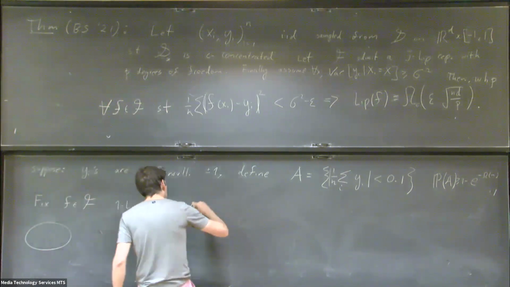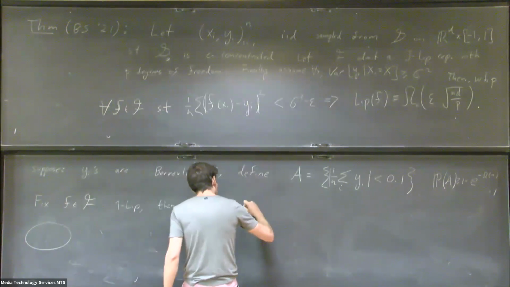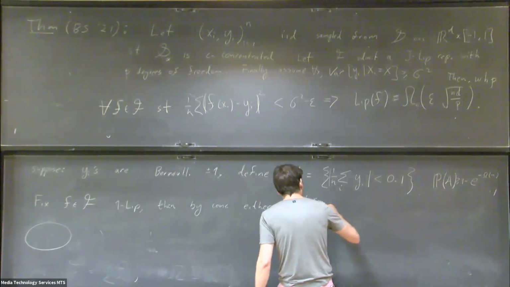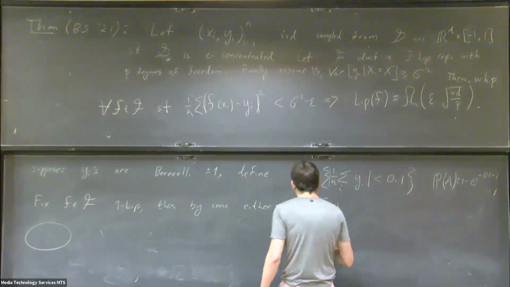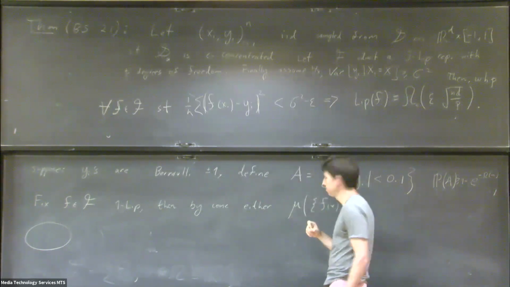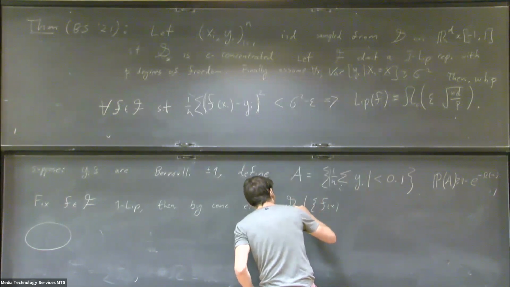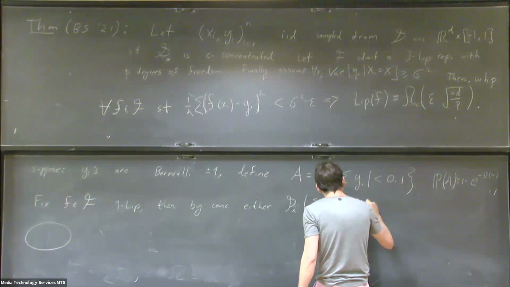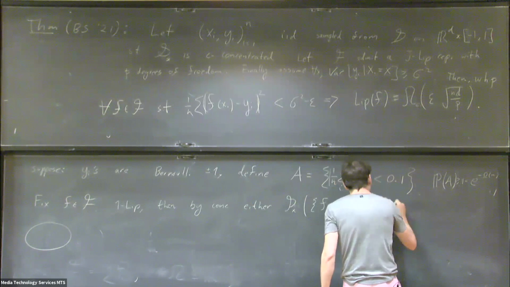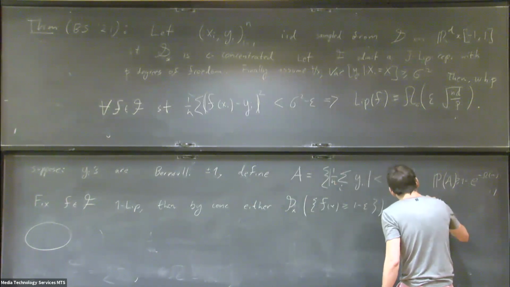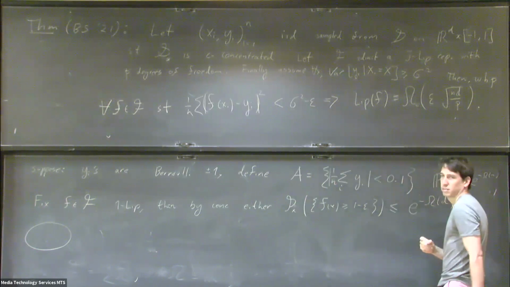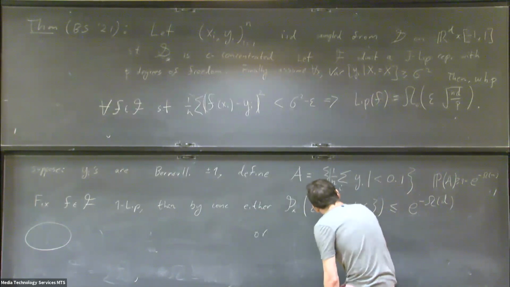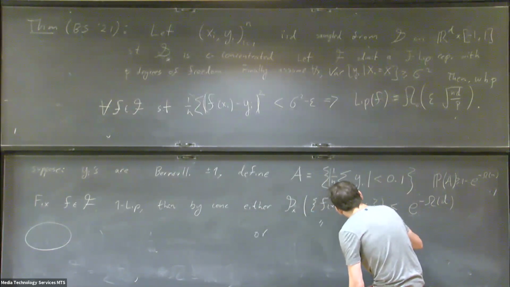Then by concentration, either mu, the measure d sub x, of the set where f of x is at least 1 minus epsilon is at most e to the minus omega of d, or the same thing with -1 plus epsilon.